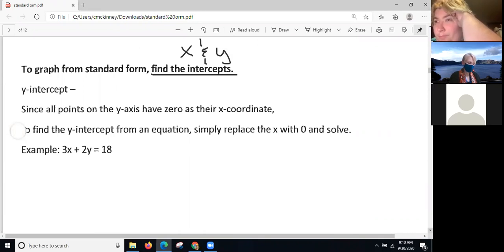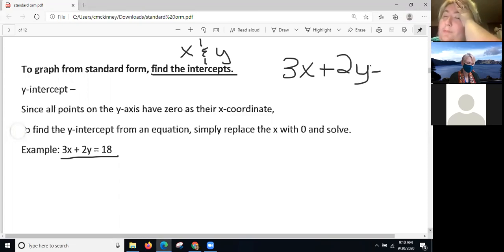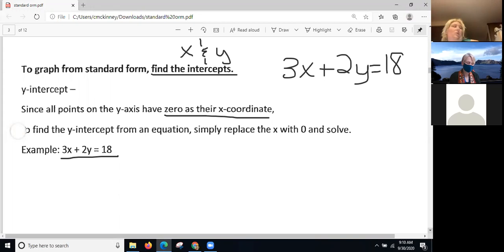So if I have this equation, 3x plus 2y is equal to 18, and I want to know the y-intercept, where it crosses the y-axis, think about when we were graphing: if things touched the y-axis, their x was 0.